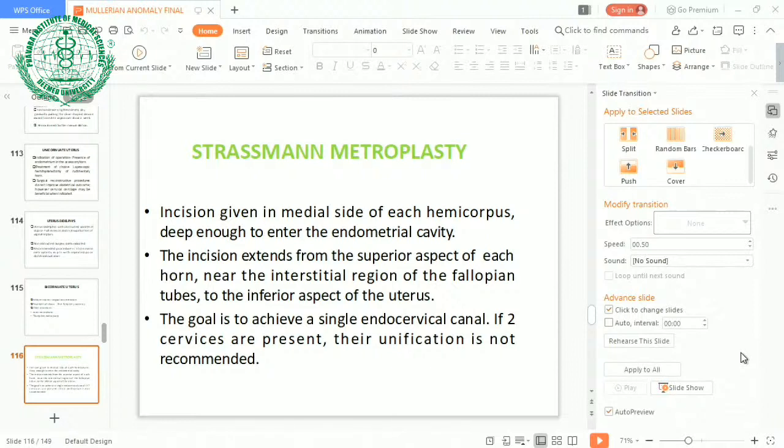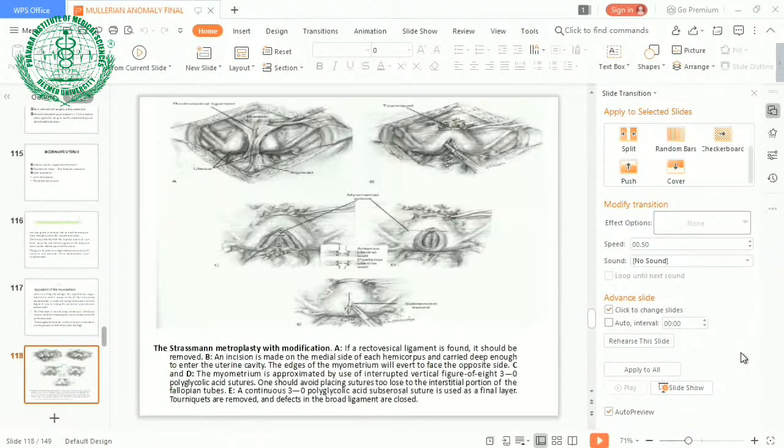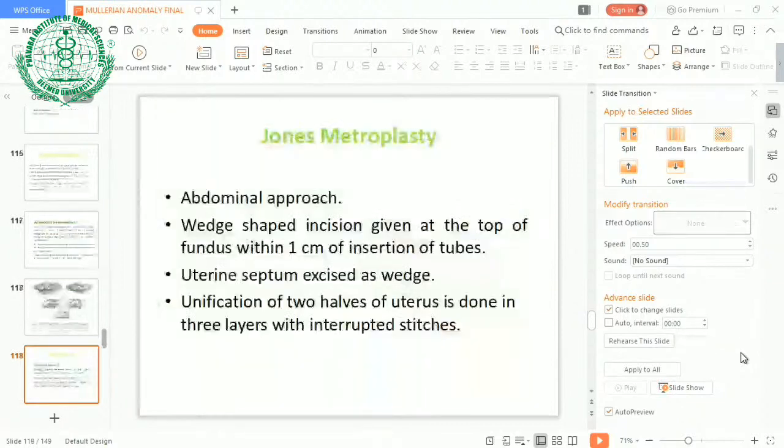The incision extends from the superior aspect of each horn near the interstitial region of the fallopian tube to the inferior aspect of the uterus. The goal is to achieve a single endocervical canal. If two cervices are present, this unification is not recommended. The uterus is sutured. This is how it is to be done.